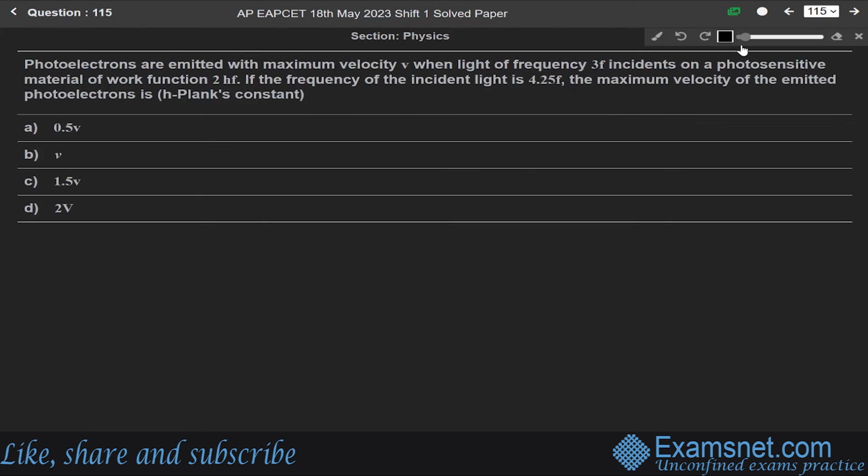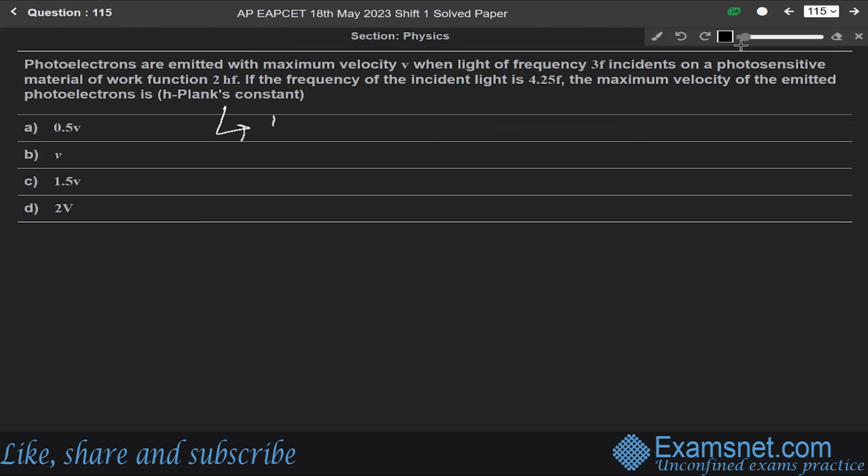Now next question 115. Photoelectrons are emitted with maximum velocity v when light of frequency 3f is incident on a photosensitive material of work function 2hf. If the frequency of the incident light is 4.25f, the maximum velocity of the emitted photoelectron is, where h is the Planck's constant, okay?